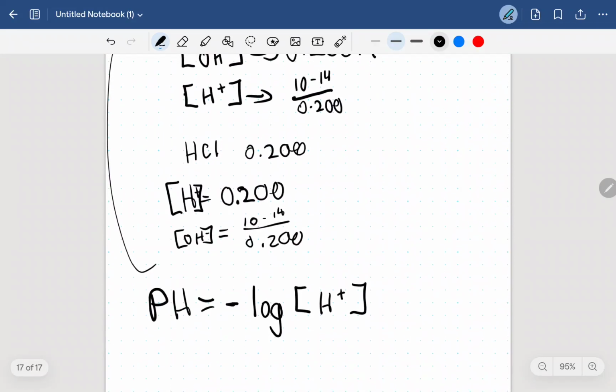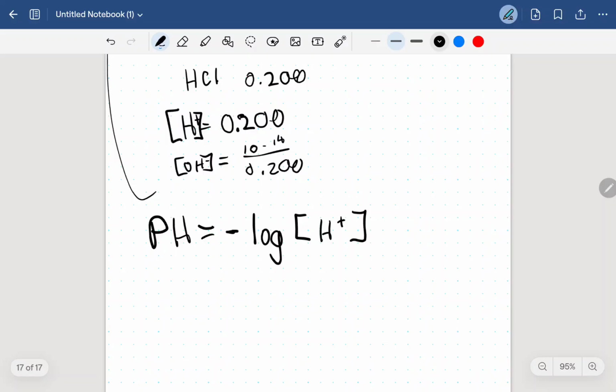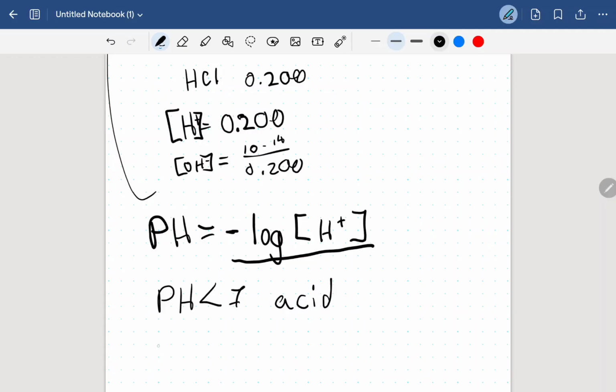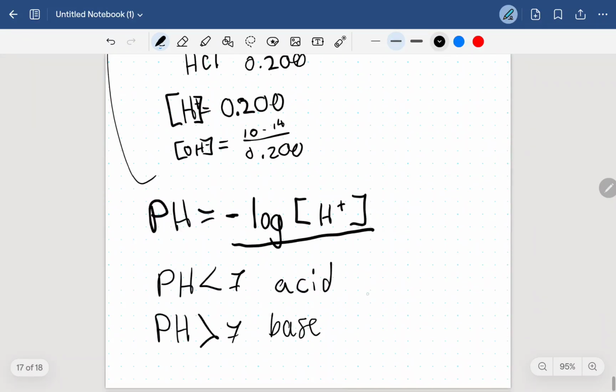So no matter what they give you, you find the concentration of H plus, and you put it in like this, and then you find your answer. If pH is under 7, you have an acid. If pH is over 7, you have a base. If pH equals 7, you have a neutral substance.